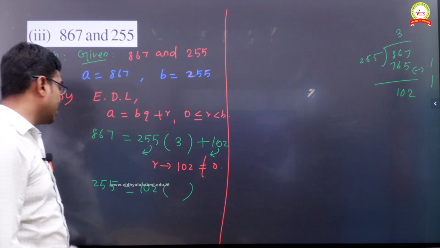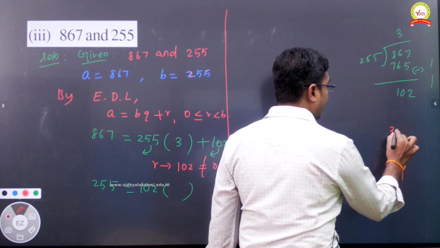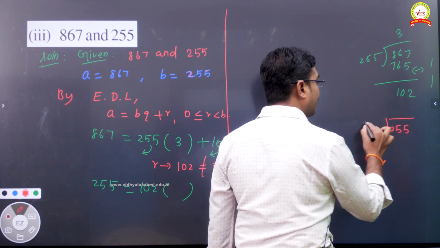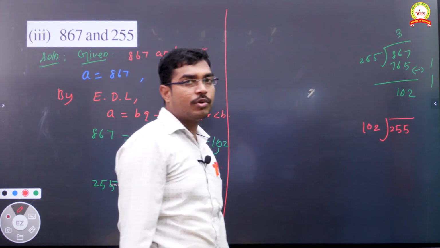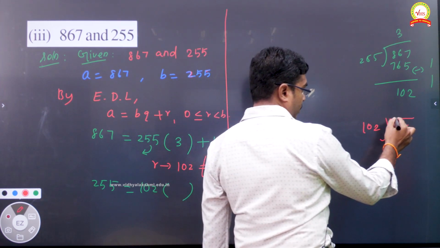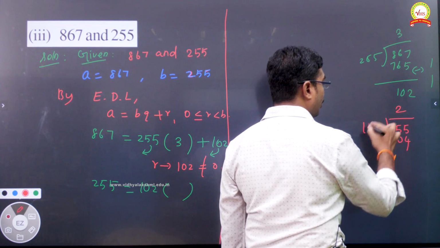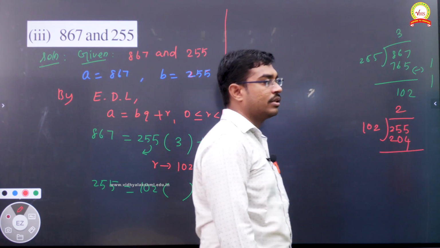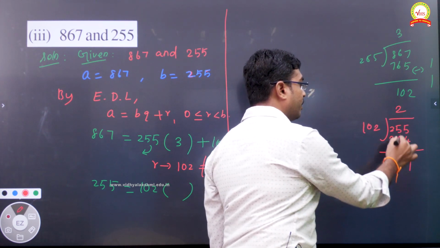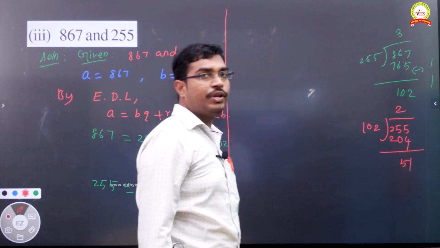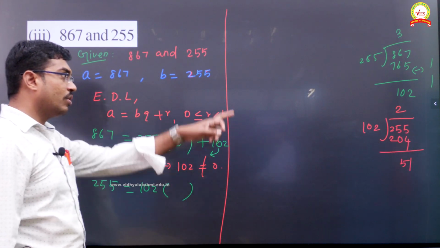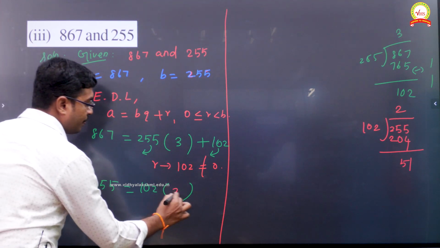So how many times is it possible? 255 divided by 102. So I am going to take 2. 2 2s are 4, 2 into 0 is 0, 1 2s are 2. So subtract it. 5 minus 4 is 1, here is 5. So 51 comes as remainder. The quotient is 2.